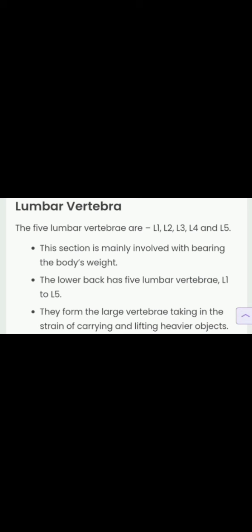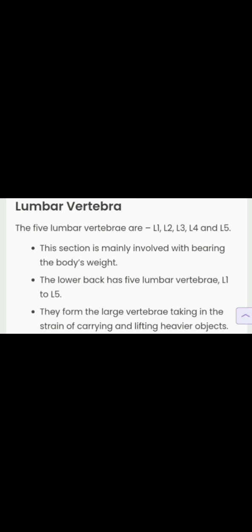Thoracic vertebrae are 12 in number, T1 to T12, and the movement of the thoracic spine is restricted. But the lumbar vertebrae are mainly involved in bearing the body's weight. The lower back has 5 lumbar vertebrae, L1 to L5, and they form the largest vertebrae, taking in the strain of carrying and lifting heavier objects.